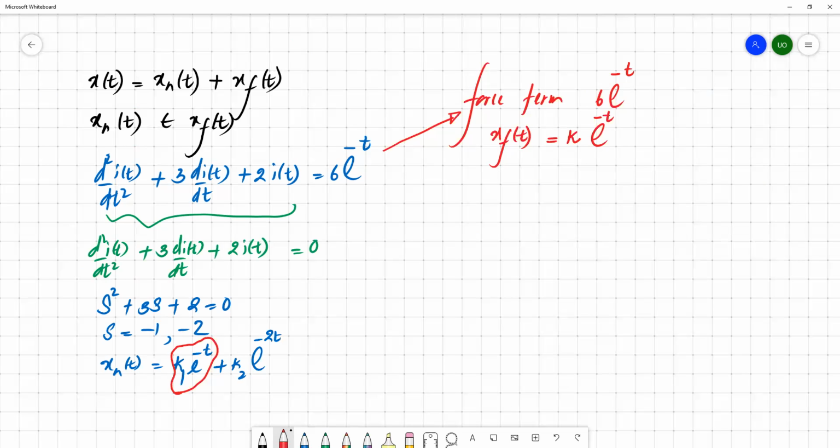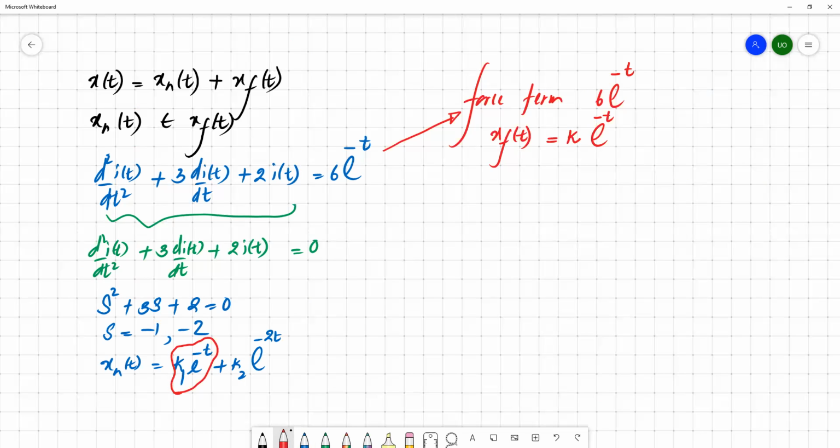If you find the k and plug it into the equation, you can simplify this k e to the power minus t, and ultimately you have two exponentials. Whatever the proposed forced response is gets automatically absorbed into the natural response, and you can't see any impact on the forced response.